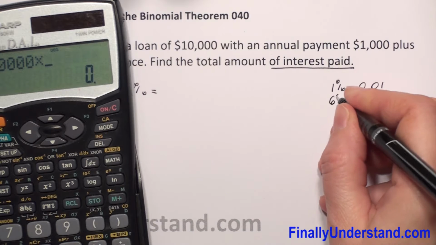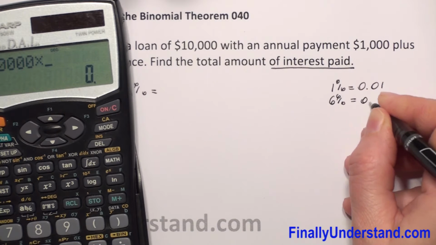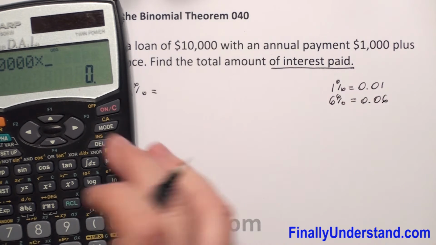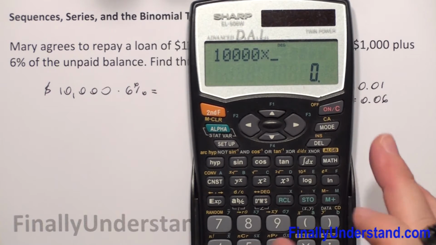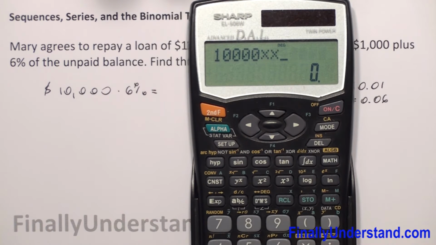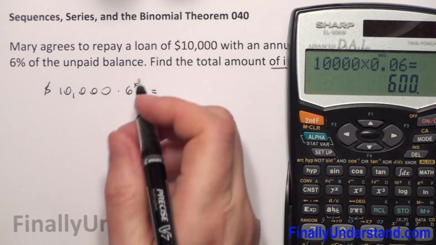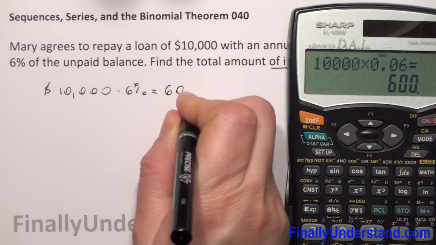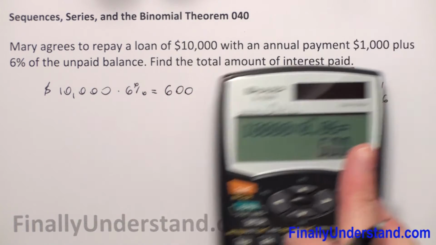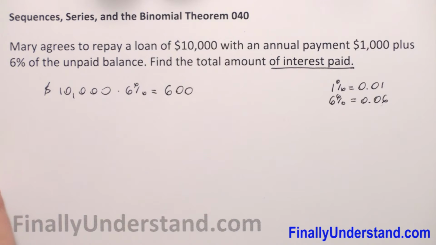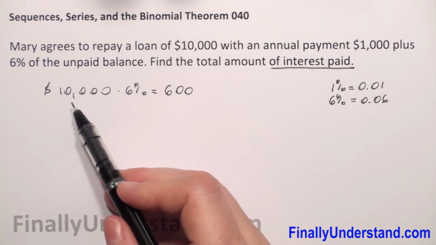So 6% will be 0.06. So 10,000 we have to multiply times 0.06. So this is equal 600. So she has to pay $600 interest from $10,000.